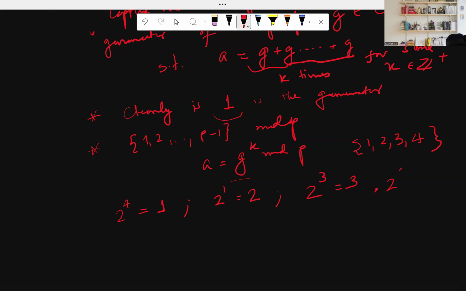So we have verified that for the group 1, 2, 3, 4, and the operation is multiplication mod 5, 2 is the generator.